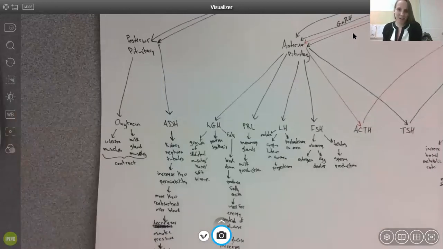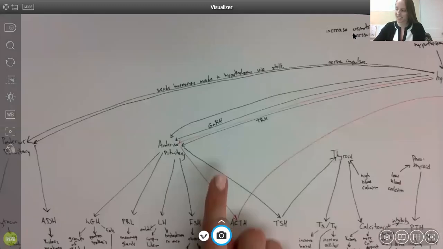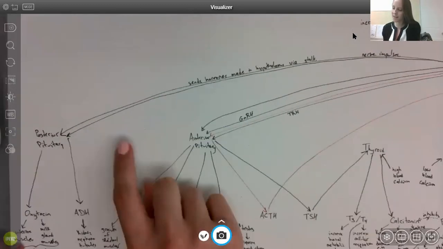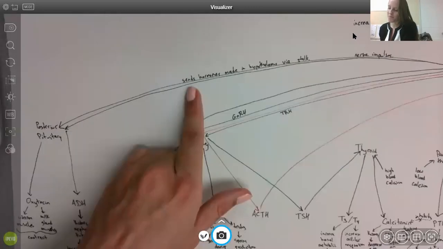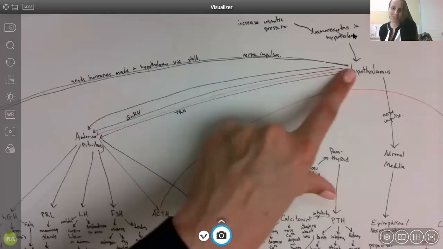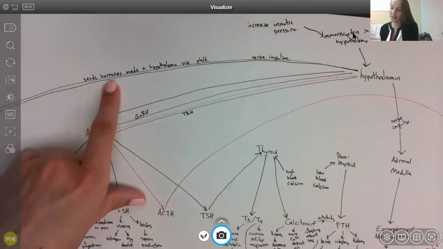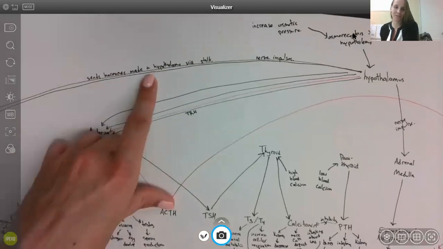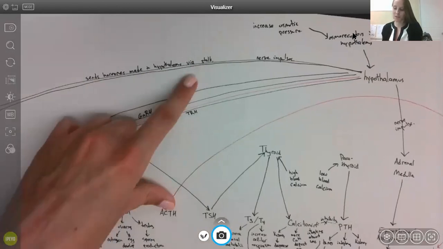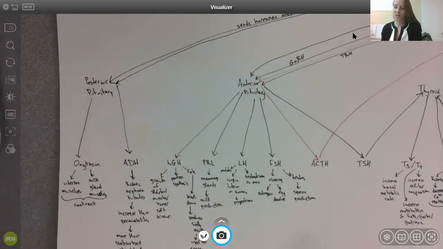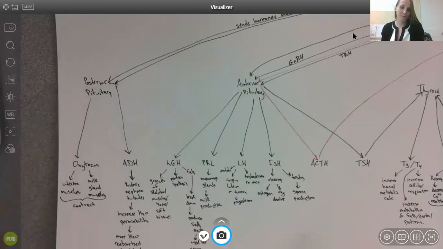And I do have written here on this line that connects the hypothalamus to the posterior pituitary that you also have hormones that are made in the hypothalamus being sent down via the stalk. So remember, the posterior pituitary hormones are made in the hypothalamus, stored and secreted from the posterior pituitary.